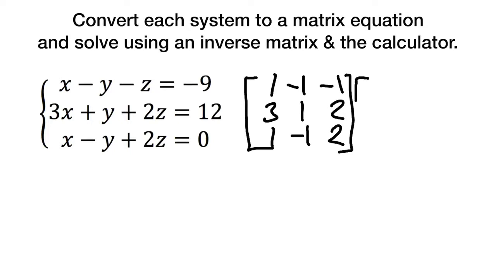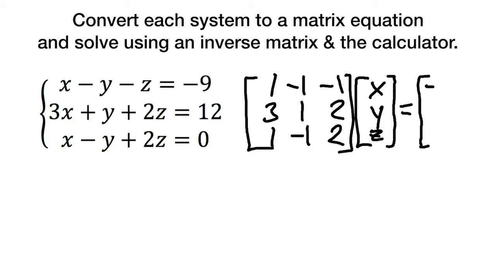Now we have a second matrix in this case, which would be x, y, and z. And if we were to multiply these, we would end up getting this system of equations. And all of this is going to be equal to negative 9, 12, 0.